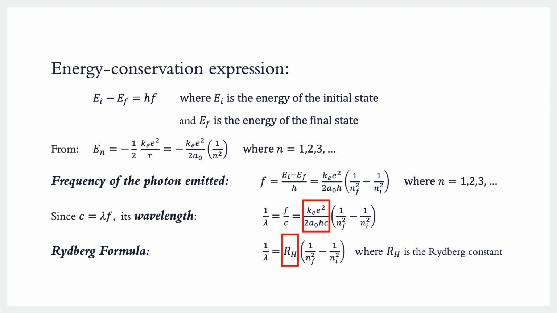To balance the equation, we've also added c in the denominator of the right side term. Remarkably, this expression, which is purely theoretical, is identical to the general form of the empirical relationships discovered by Balmer and Rydberg, wherein this term here is equal to the experimentally determined Rydberg constant.